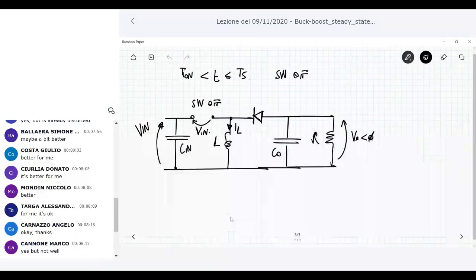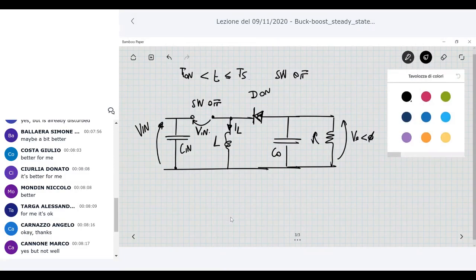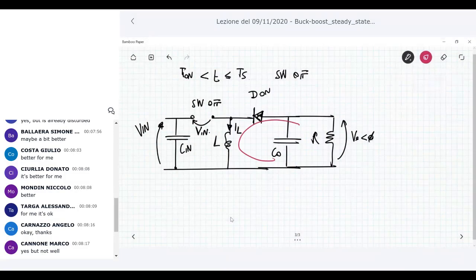Due to this non-null current IL, the diode becomes on, because it has to make possible the flow of the current, since we cannot interrupt the current instantaneously if it flows through an inductor.